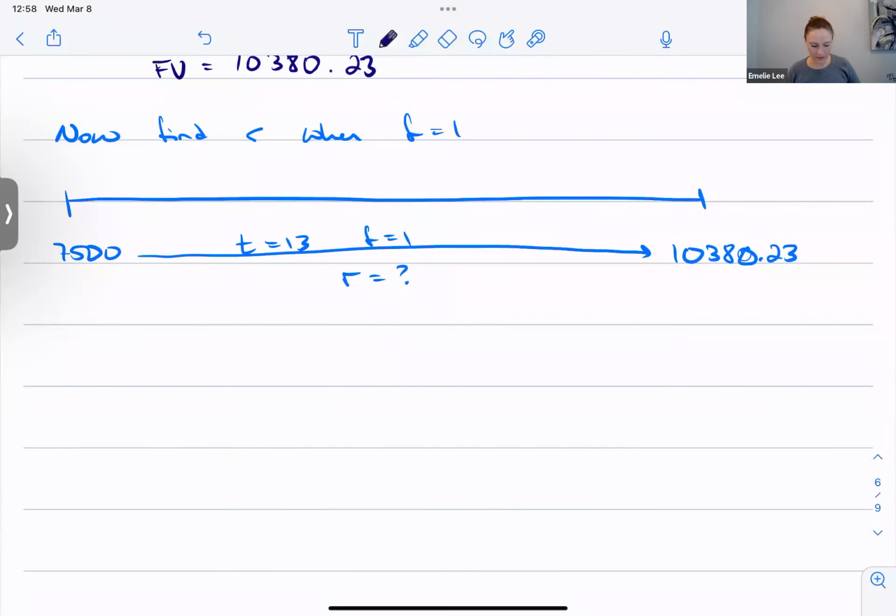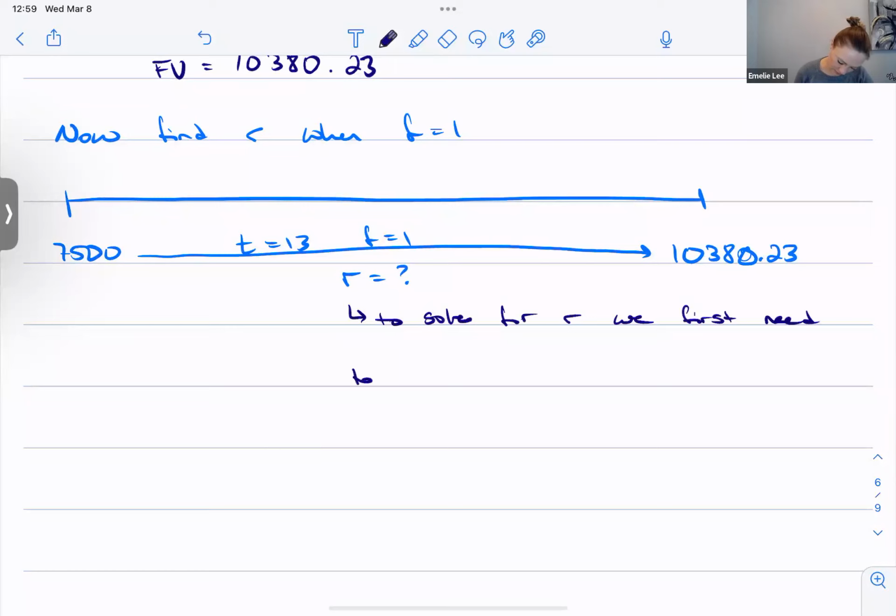So here, to find R, to solve for R, we first need to solve for I.